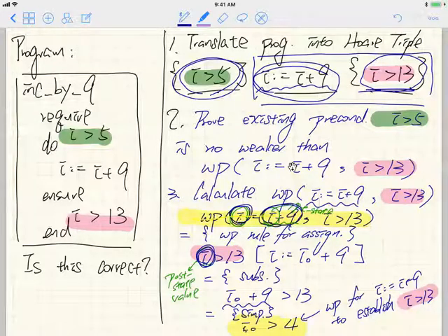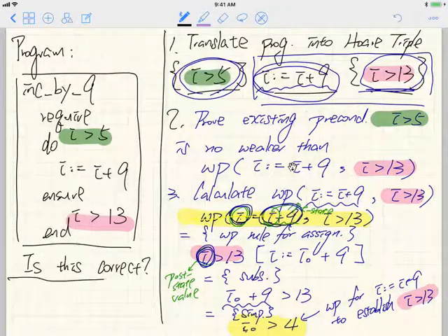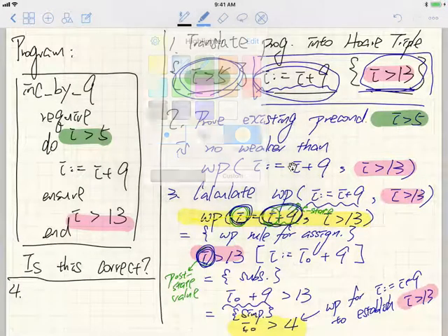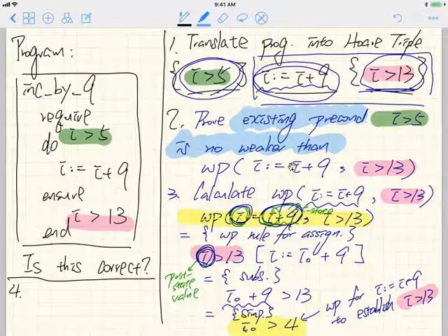Now the final step, step number 4. I'm just going to put it here, running out of space. Step number 4. You want to prove, remember what we want to prove, let me just highlight again, this is what you want to prove. You want to prove that the existing precondition is no weaker than the one we just calculated. How do we specify that logically?